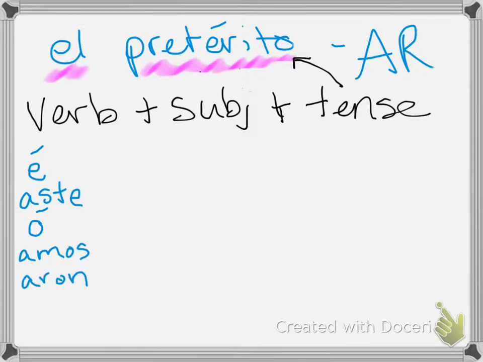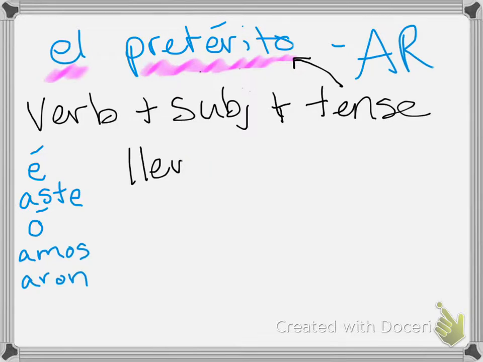See? So if my verb is llevar, which means to carry, or llevar puesto, which means to wear. So if my verb is llevar, and I want to say they carried their lunches, I mean, why not? I'm going to get rid of this AR, right?